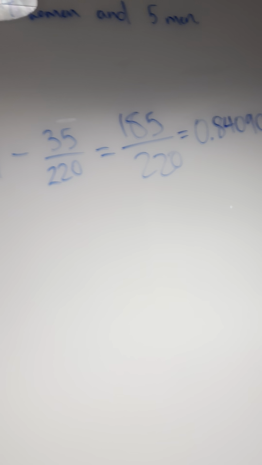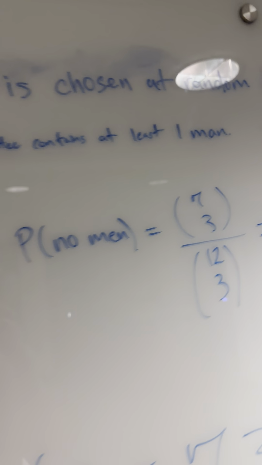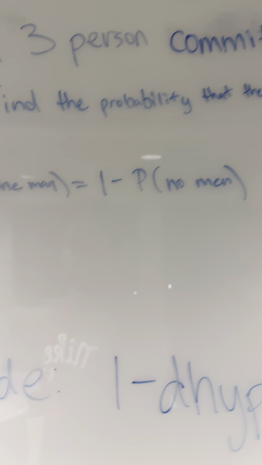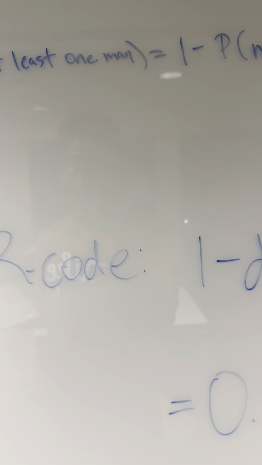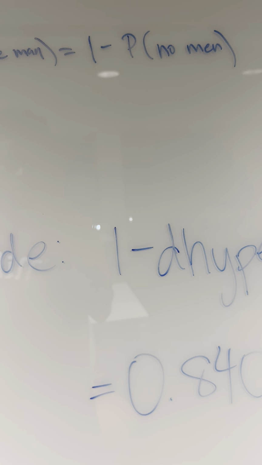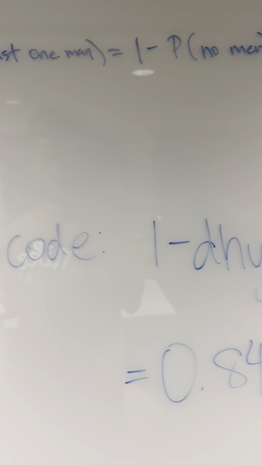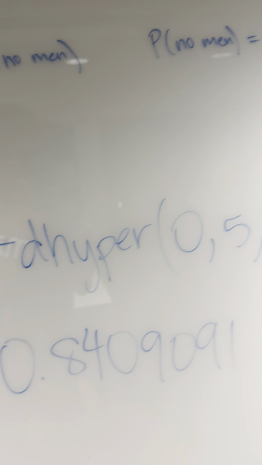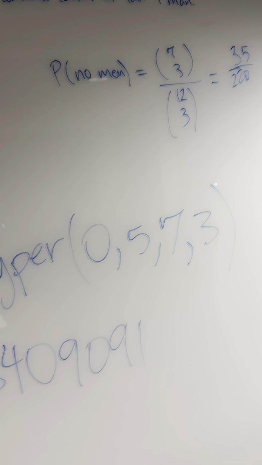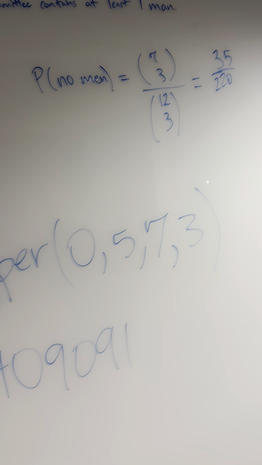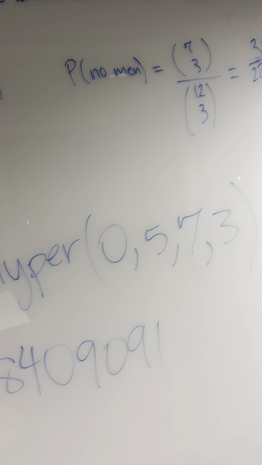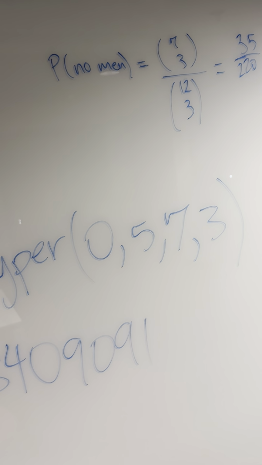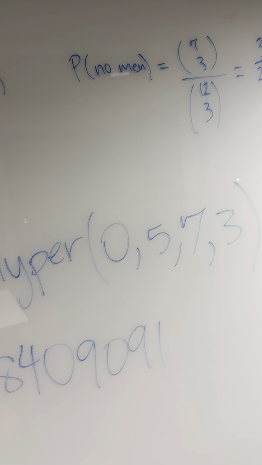For part of the exam, I was also required to write some R code to find that same solution. So here's my R code on the board, and I'll also show it on my computer. I use the function dhyper, 1 minus dhyper, with 0, 5, 7, and 3. 0 represents x, the number of successes, and in this case, we don't want any men in the group.